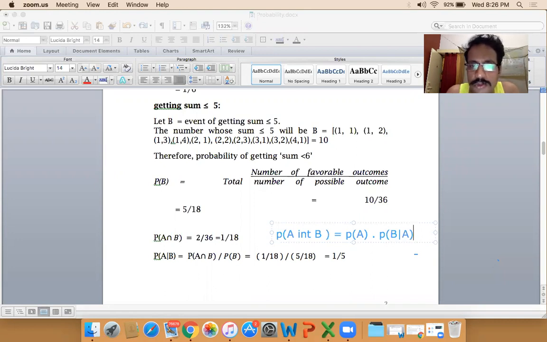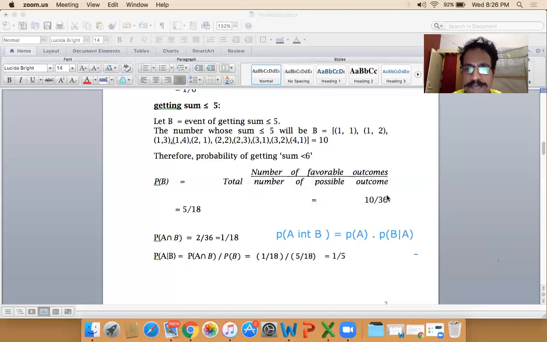So this way also you can get the same value 1 by 18, right? Because you already know the probability of A, you just got it up there, and the probability of B, that is sum less than 6 given A, is also given.